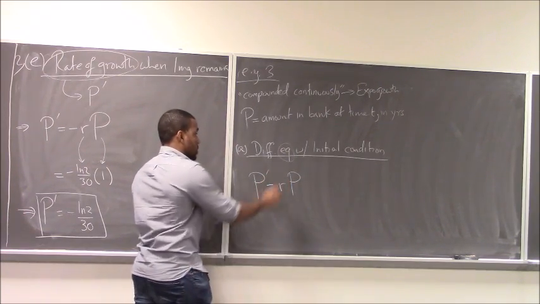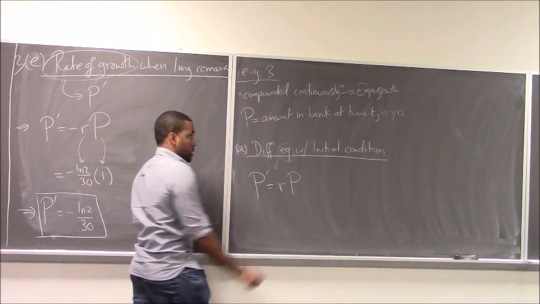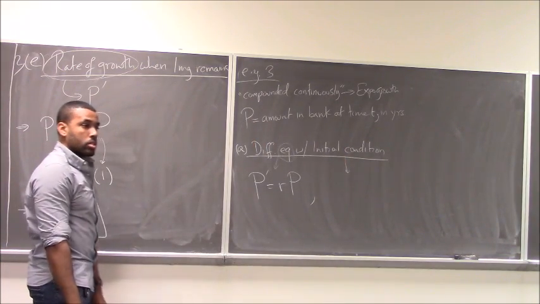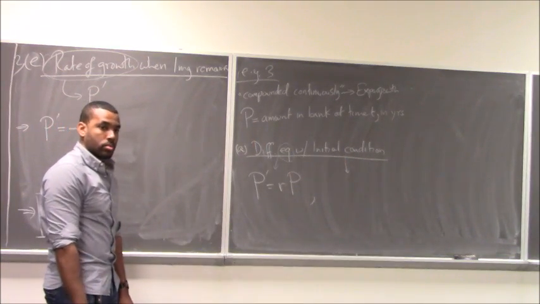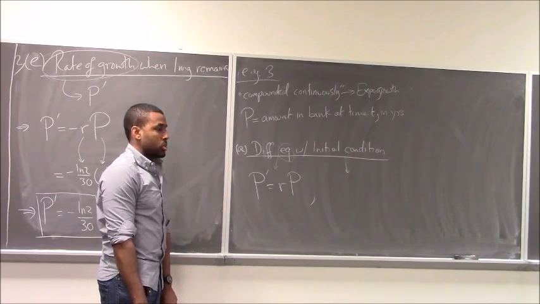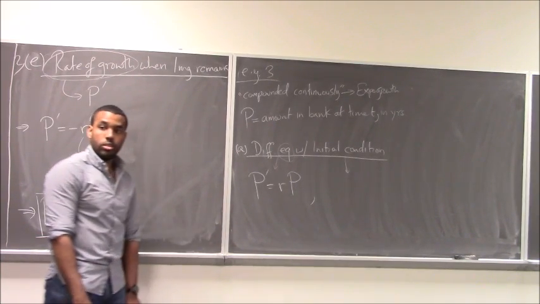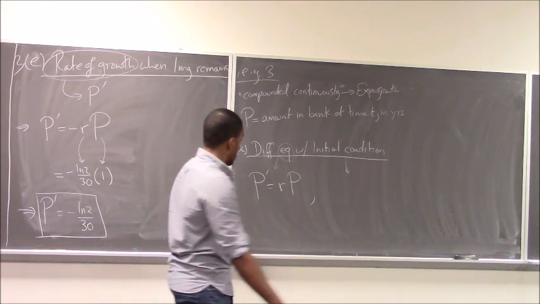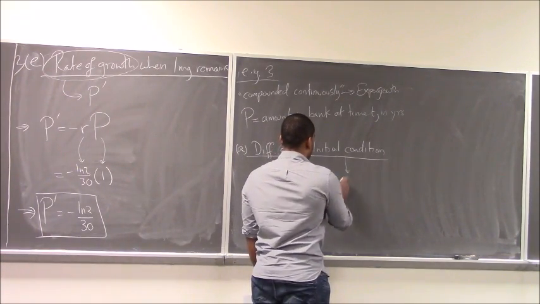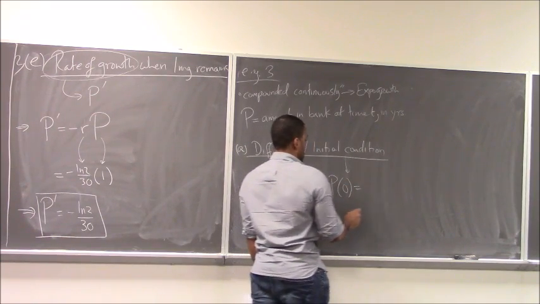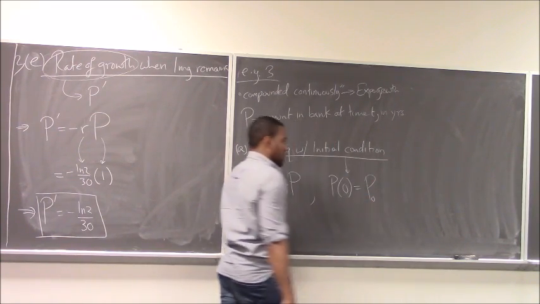Okay, so that's your differential equation. What's the initial condition? P of 0 equals 4,000. P of 0 equals the initial amount.